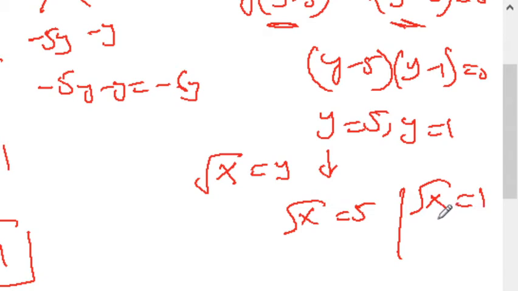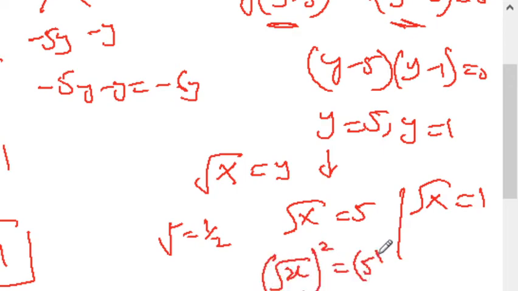Since we need the value of x, we need to remove the radical sign from this equation. For removing the square root sign, the power is 1 over 2. So to cancel this, we need to take power 2 on both sides. Root x whole power 2 and 5 whole power 2, I get the value of x is 25.